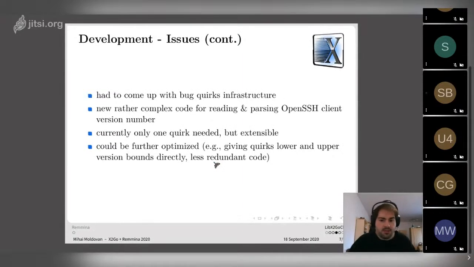But that also meant I had to parse the version number of the OpenSSH client and introduce a new bug quirks infrastructure.